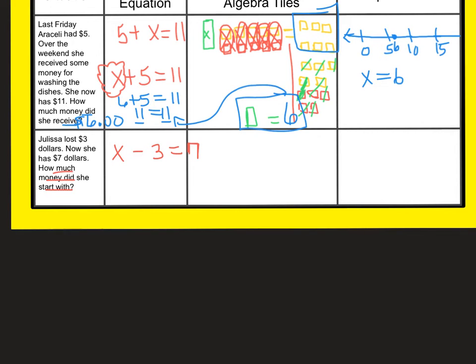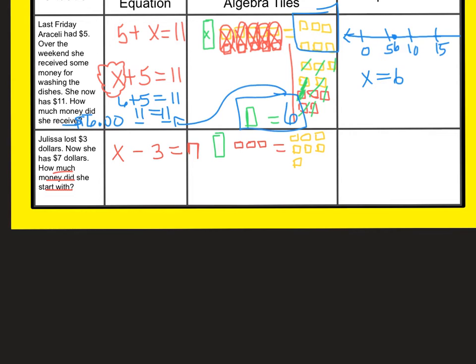So once again, using my color tiles, let's go ahead and represent x. Now I have minus 3, so that's a negative 3. So I'm going to have to get my negative ones. Negative 3 equals a positive 7 because that's how much money she has left over. 1, 2, 3, 4, 5, 6, and 7.